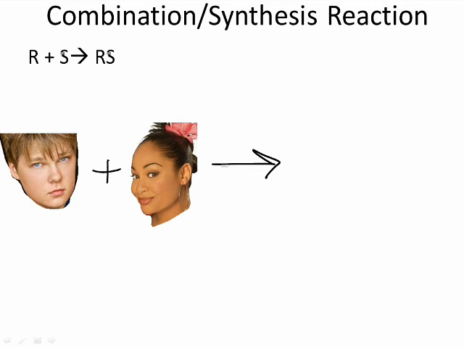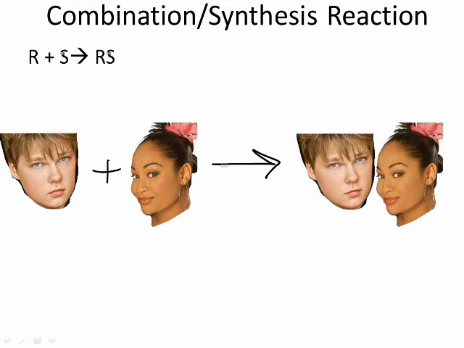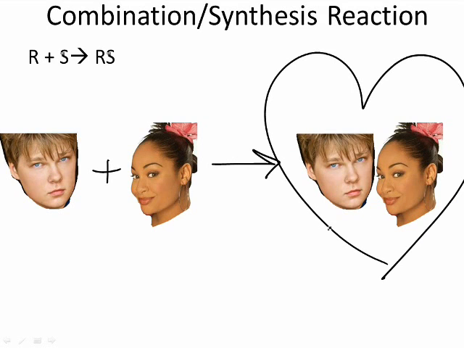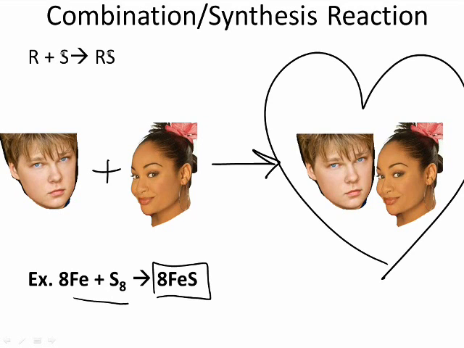And what do they make? They're a couple. Isn't that romantic? So they become a couple. Real life example, if we have iron and sulfur, they make iron sulfide. They come together, they synthesize to make iron sulfide.